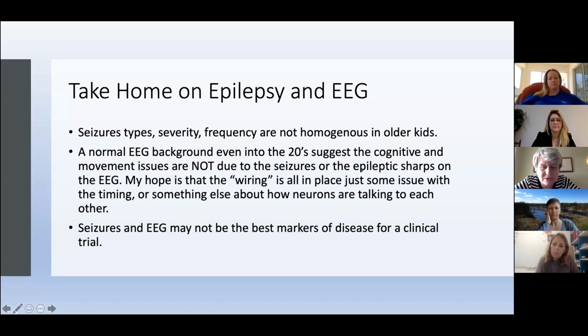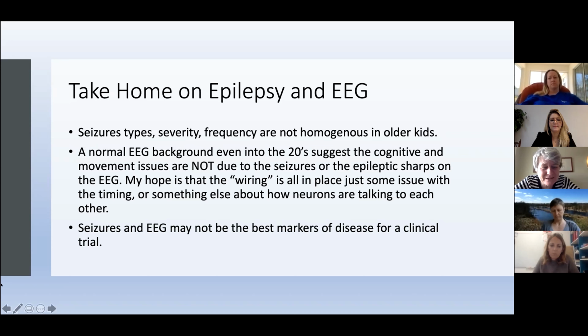I don't know how else you would get a normal organization to your EEG background without that. But there's something abnormal about the way they are talking to each other, for lack of better terminology. It sounds like I'm not a neurologist, doesn't it? But anyway, it's very non-specific: something's going right, and there's just some subtle problem.